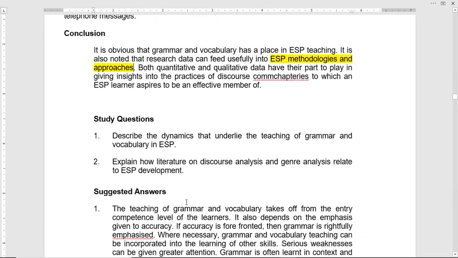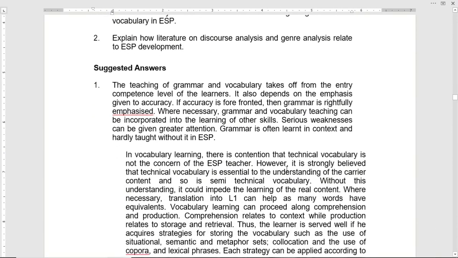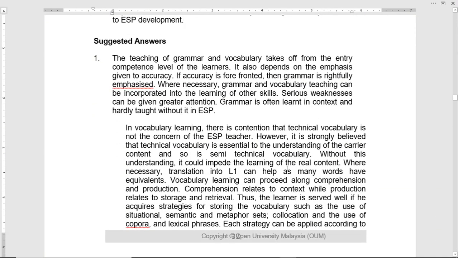So these are the study questions. Describe the dynamics that underlie the teaching of grammar and vocabulary in ESP. Explain how literature on discourse analysis and genre analysis relate to English for specific purposes development. You can read the answers here and get an idea.